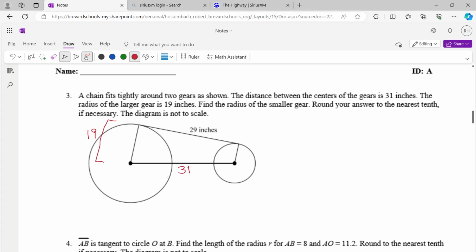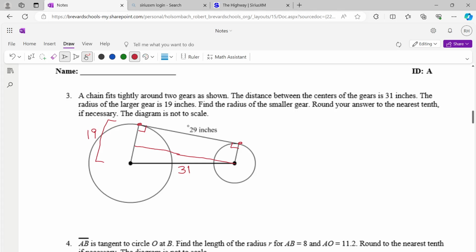All right, so what we're going to do is we're going to take this 29-inch piece and we're going to slide it this direction, parallel, until we get it here, creating a new right triangle.